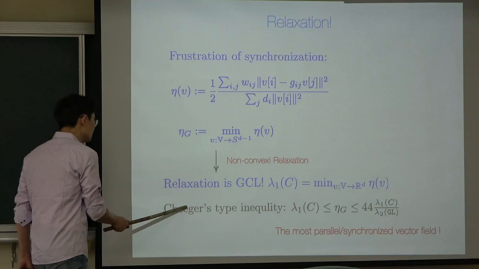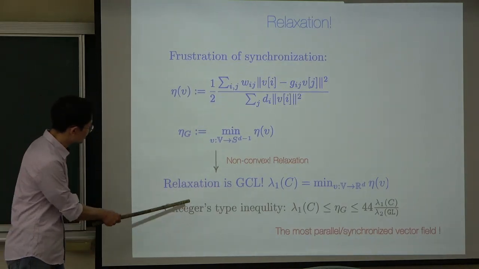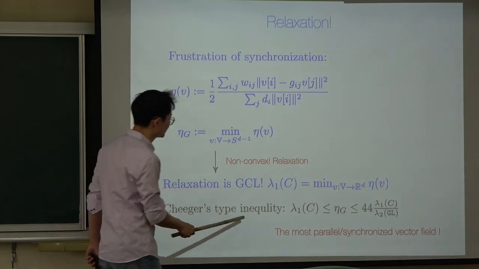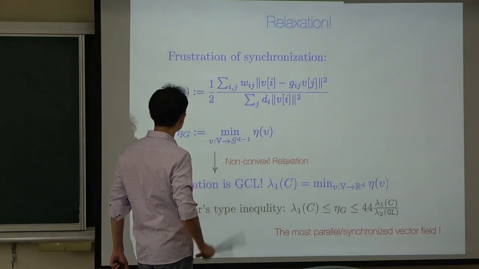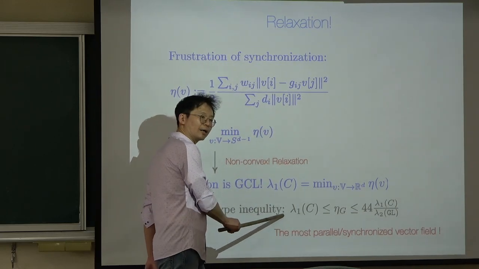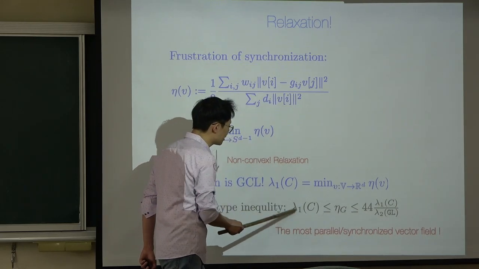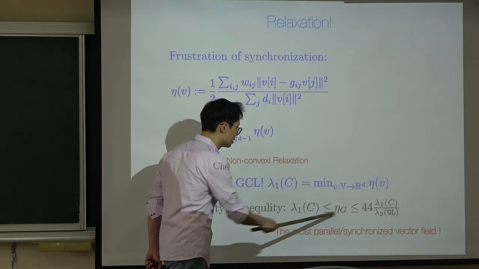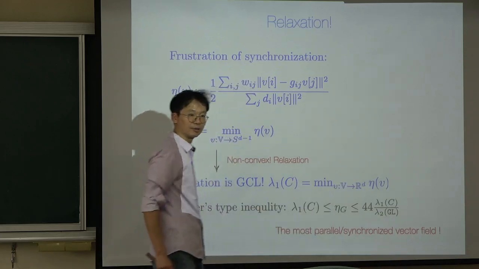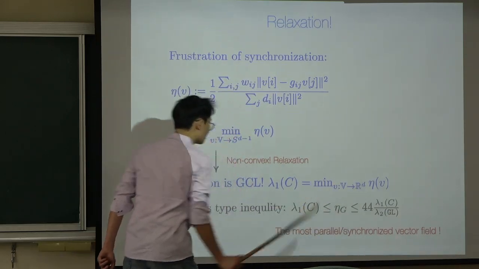And the main theory in this paper was they established a Cheeger-type inequality, saying that eta g is actually well controlled by the eigenvalue of the graph connection Laplacian, but you have to do normalization by the graph Laplacian.